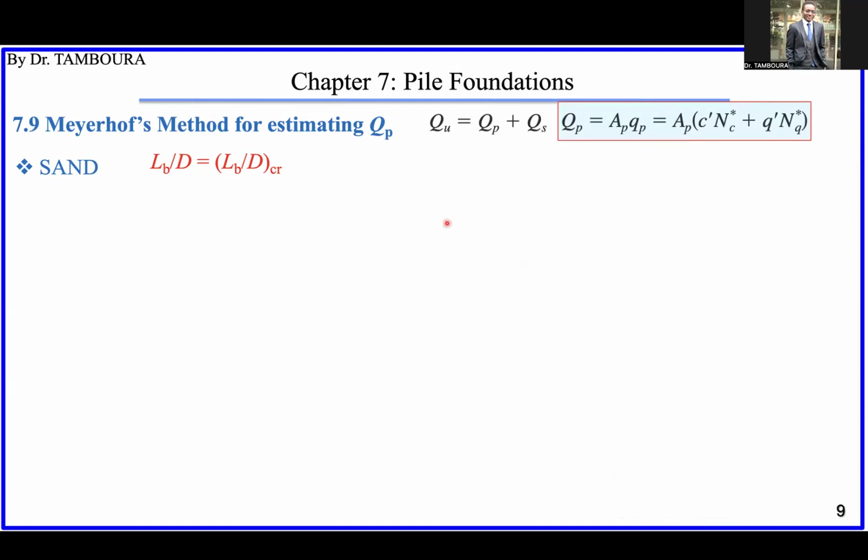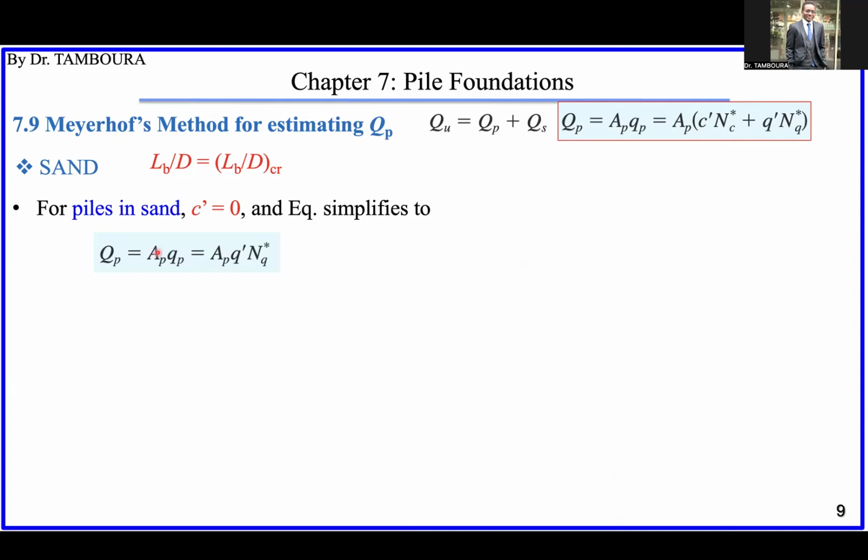So about the equation now. This is the general equation for the end bearing capacity of pile. But if we are dealing with sand, then the cohesion C is 0, right? So this part becomes 0. It means you will have only this, and the equation will be like this.